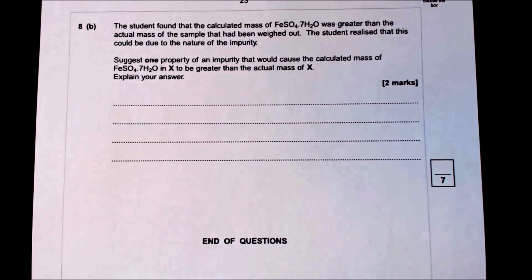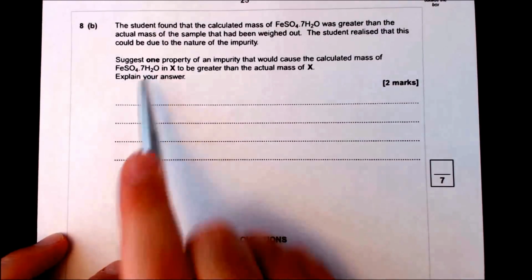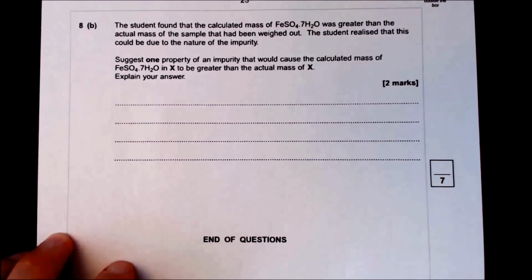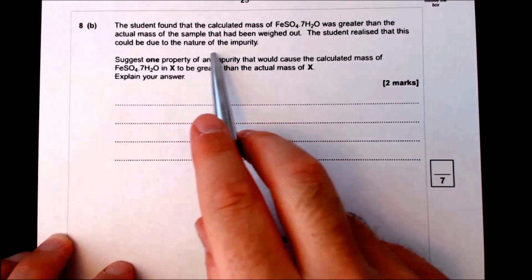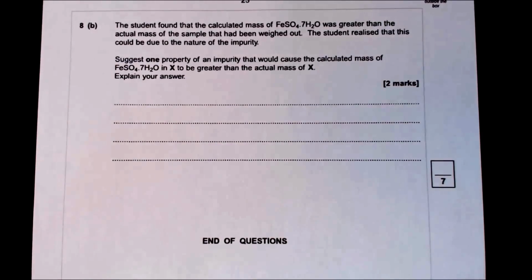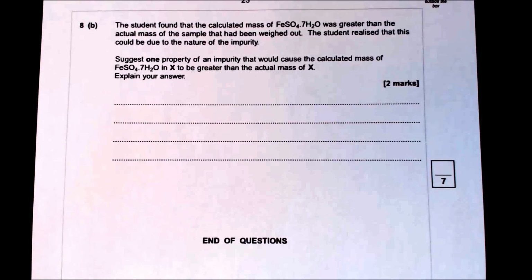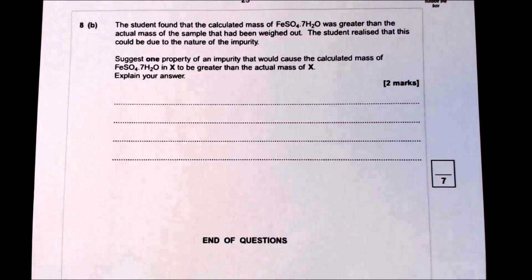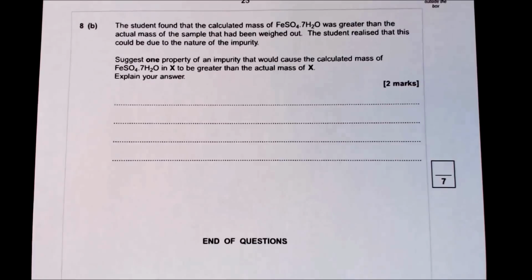So what we want to do, effectively, if you're going to get the impression that it's going to be greater, in a practical way, we have to be adding more dichromate than we actually should do. And the impurity, to add more dichromate, that must mean that the impurity has to be reacting with the dichromate and using up more of it, giving you the false sense that you've actually got more Fe2+ ions.